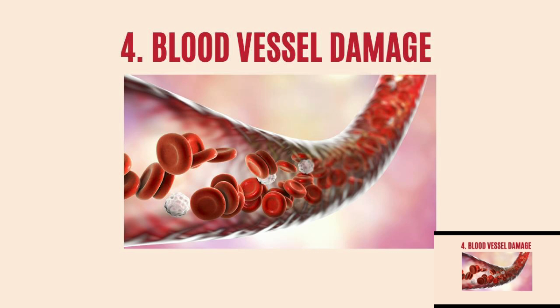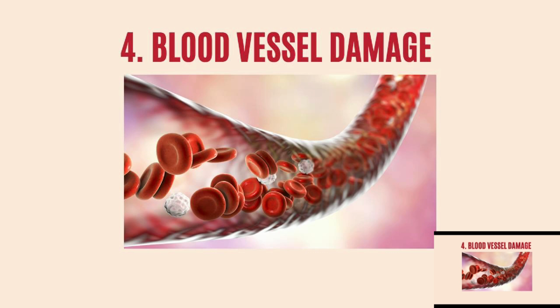The name for this state is disseminated intravascular coagulation, DIC, and it's a very serious complication because your body can no longer keep up with the damage that's occurring, and can no longer keep up with the coagulation that's required.